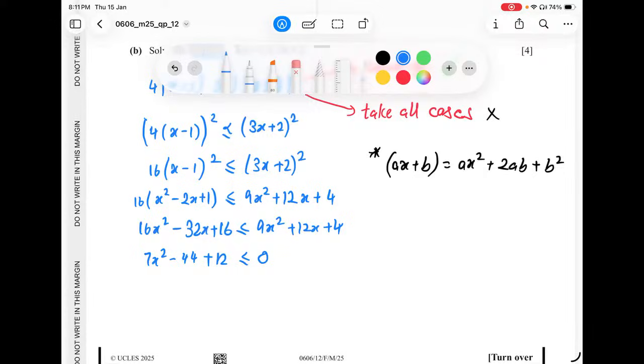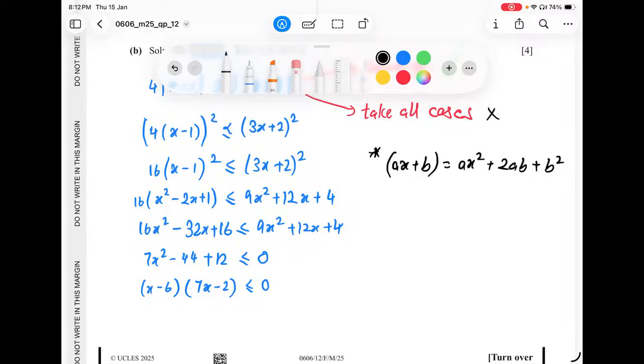When you use the factorizing method, you get x minus 6 and 7x minus 2, because 7x times x is 7x squared. After you get these two values, you just plot it.